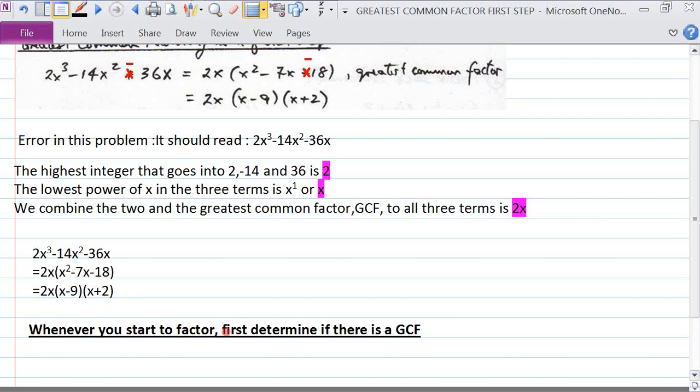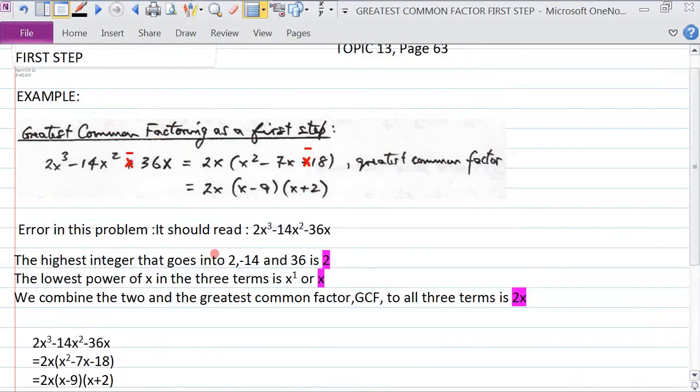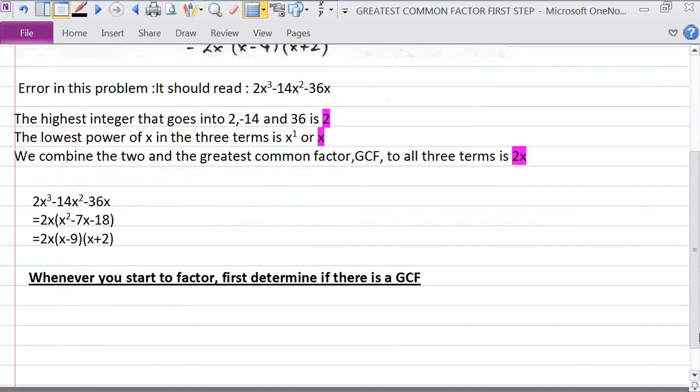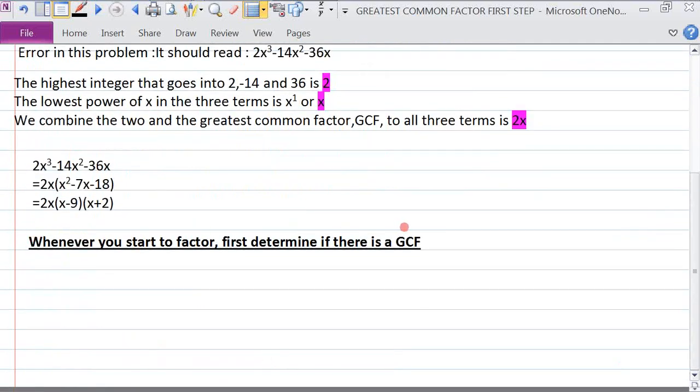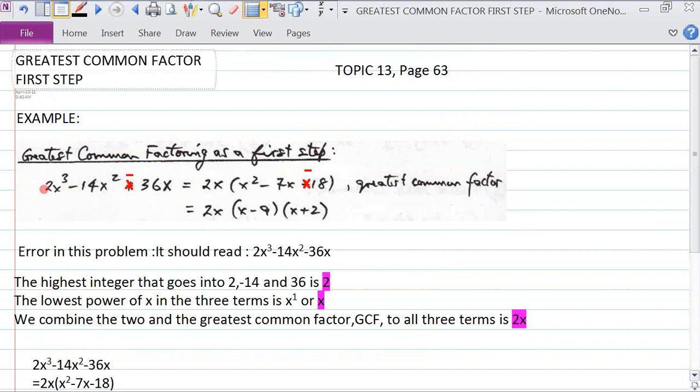Whenever you start to factor, first determine if there is a GCF. We could have started to do some factoring here, but it would have been much more complicated than if we hadn't taken the 2x out as the greatest common factor. So we're going to really do a lot of problems later on. The first thing we're going to ask ourselves before we do anything is find if there is a greatest common factor, which means, in this case, what's the highest number that goes into all these three numbers?